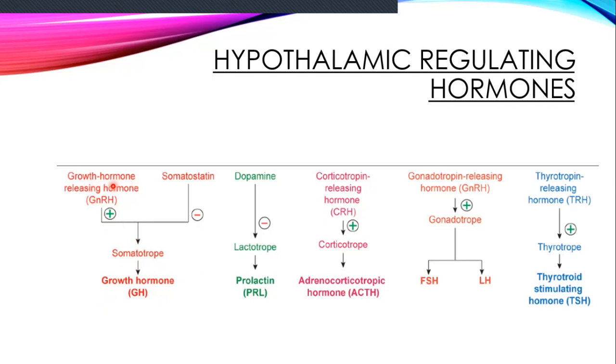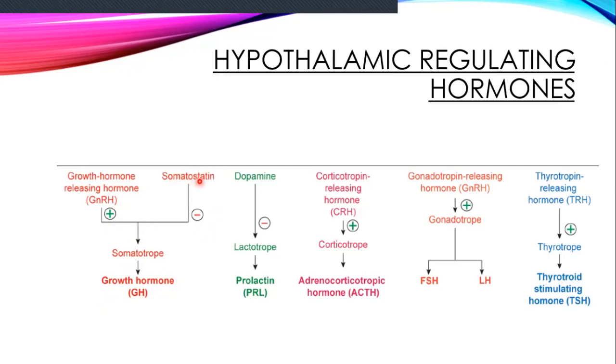So this hormone is produced in the hypothalamus. Then it enters the primary capillary plexus, then is carried by the hypophyseal portal veins. Then it reaches the secondary capillary plexus, and then it will affect the somatotrophs to produce growth hormone.